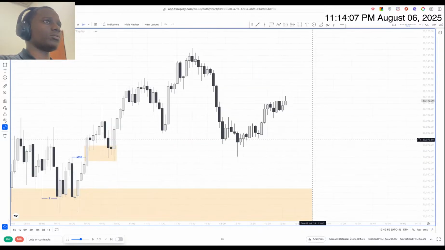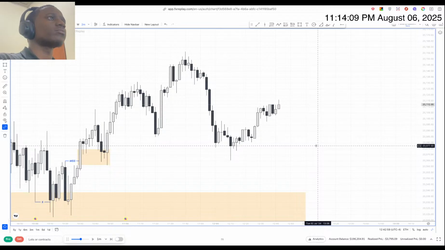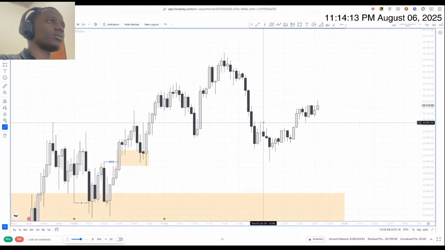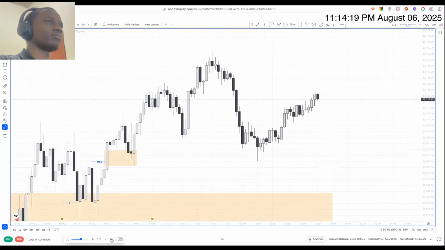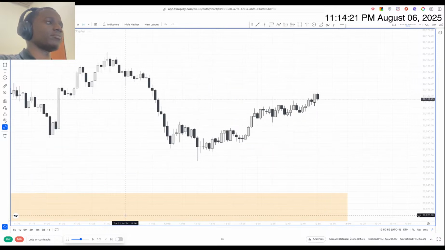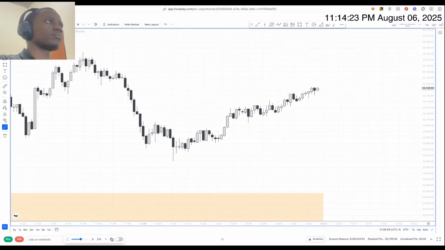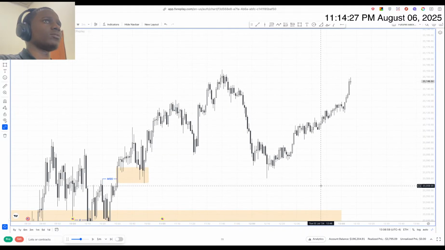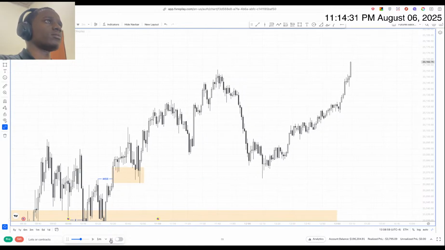And down to the 2 minute, we got a minor sweep here and the shift. Small retracement into the gap. This line share is over. And we end up taking out this high.